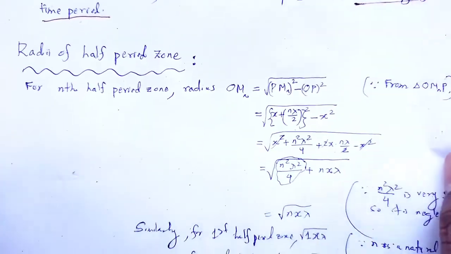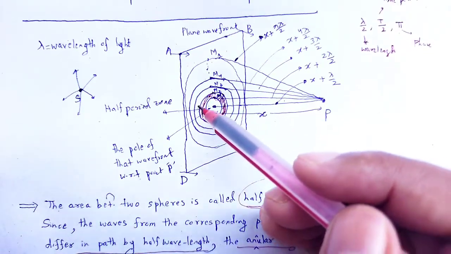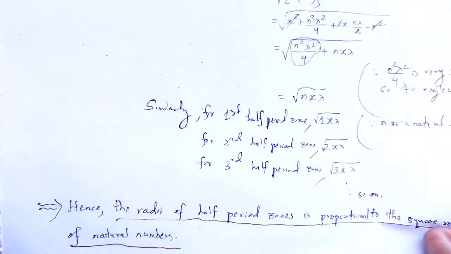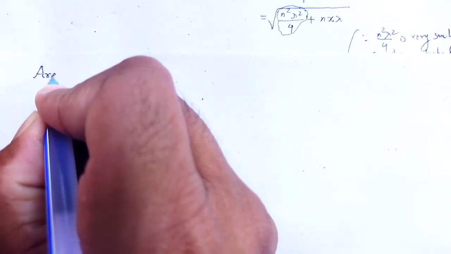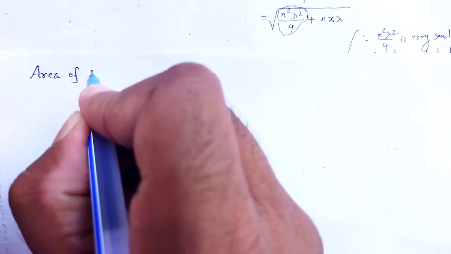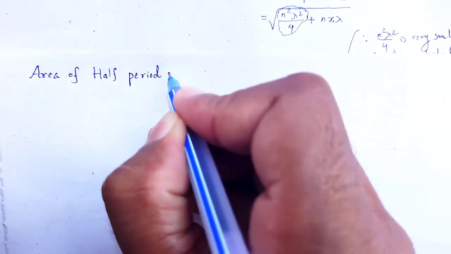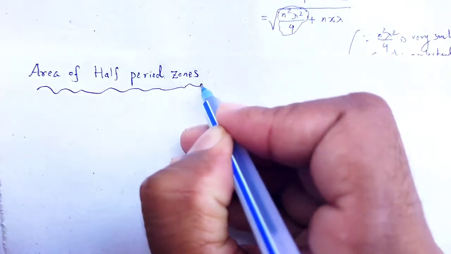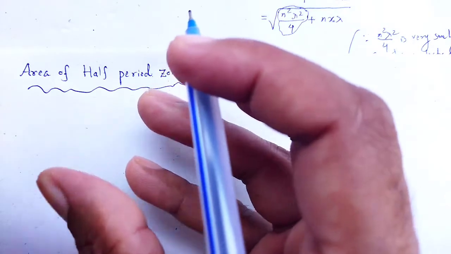Next, what will be the area of half period zone? Let me take the area of nth zone.